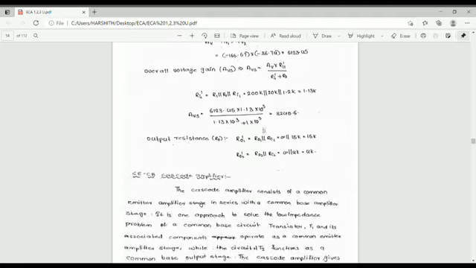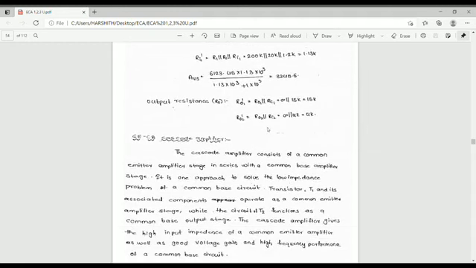And another one is the CE-CB cascode amplifier. This cascode amplifier consists of a common emitter amplifier stage. Cascode means CE-CB.